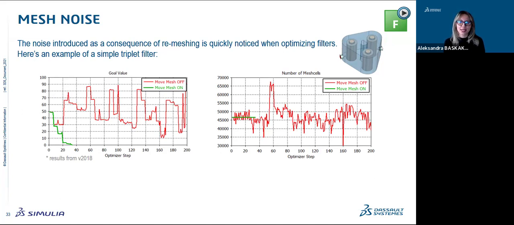You can see that the optimizer can't converge because of the mesh noise. This is a general issue in any code based on the finite element method and can be eliminated using the moving mesh feature. And you can see how the results quickly converge. So a great feature to use.